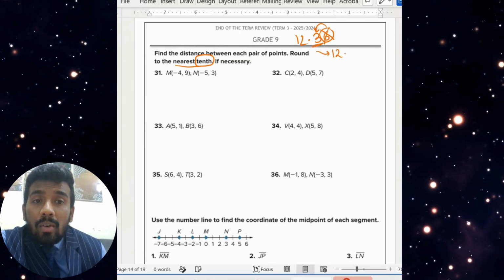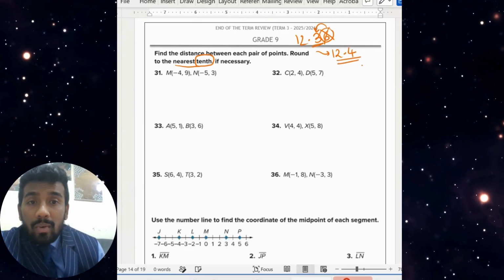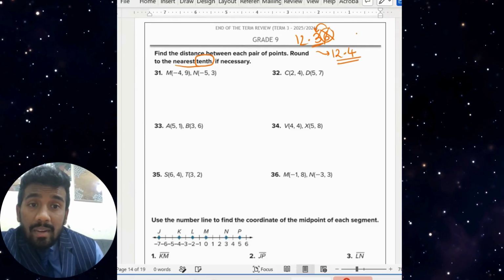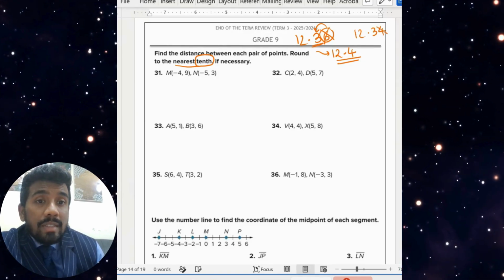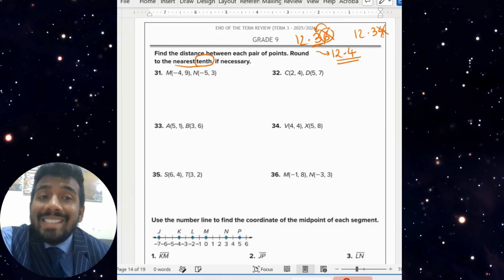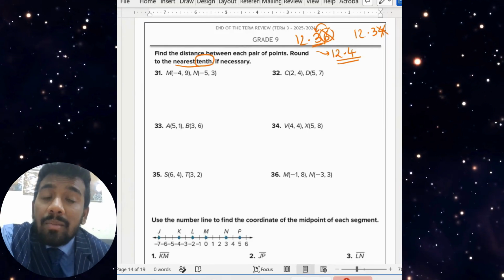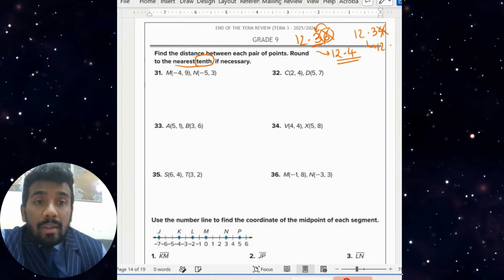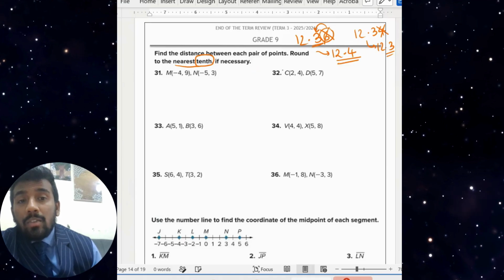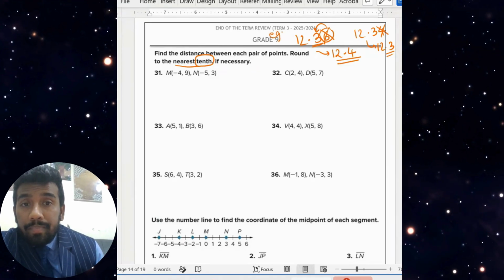So when you round off, it will become 12.4. Rather, if it was 12.34, you'll just cancel it out as the number is less than 5. So the answer will be 12.3. Understood? That's how we do it. Just an example.